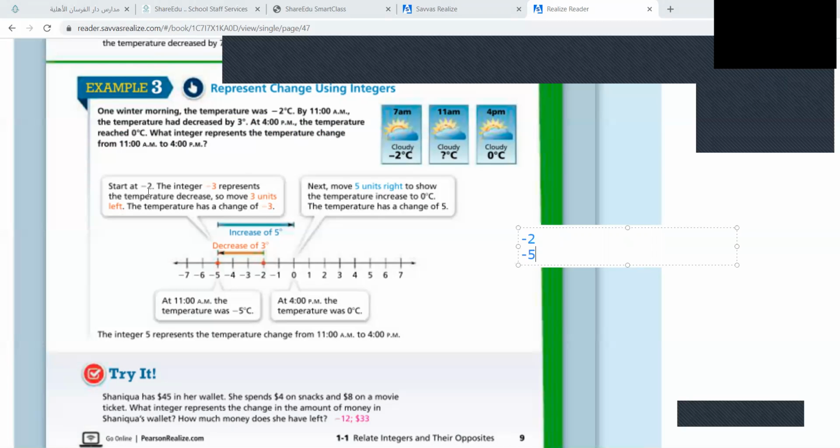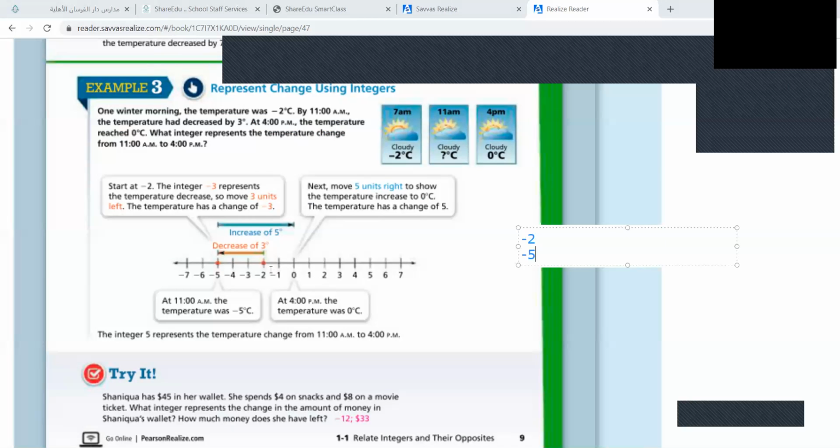You start at -2. Look at this number line, girls. Look at this number line. Start at -2. When I come here, it comes to -5. The temperature decreases. So move 3 units left. It decreases. So I have to move left. If it is increasing, I have to move right.